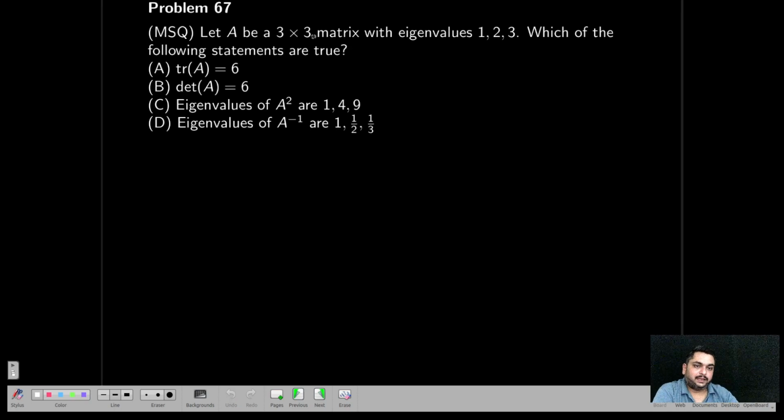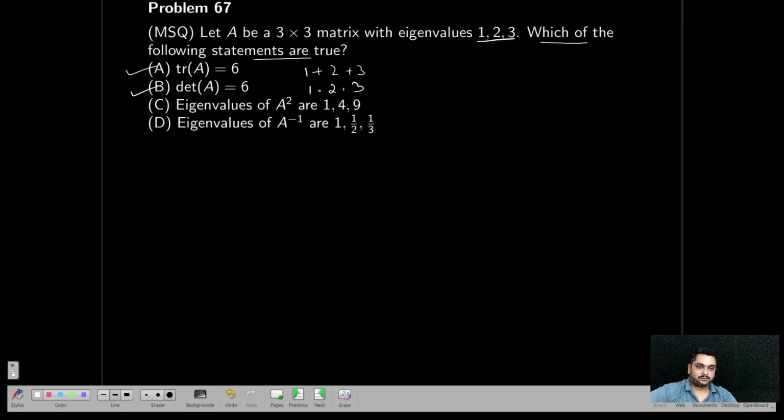Next. Let A be a 3 cross 3 matrix with eigenvalues 1, 2, 3. Which of the following statements are true? Now, trace of a matrix is given by the sum of its eigenvalues, that is 1 plus 2 plus 3, that is 6. This is correct. Then the determinant is given by the product of the eigenvalues.